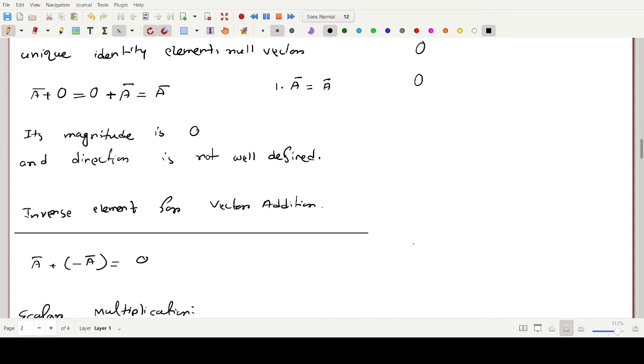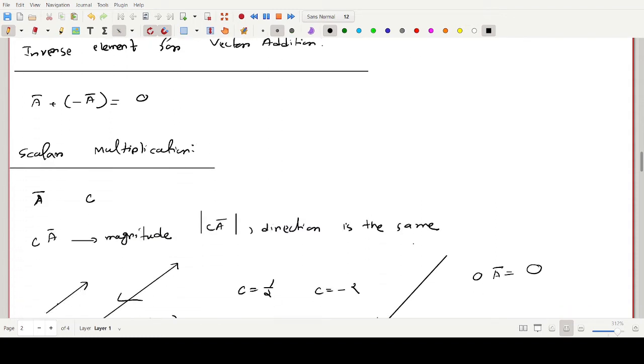So this is called the inverse element. These are the properties of vector addition. Now if you have any question, you can ask. So no question.